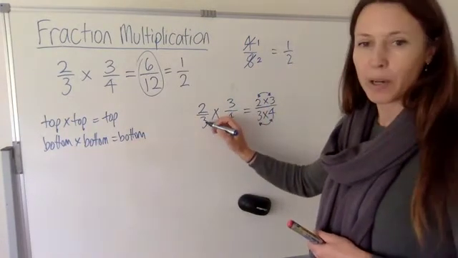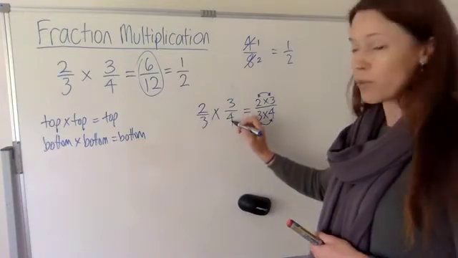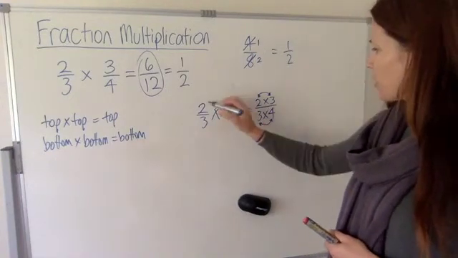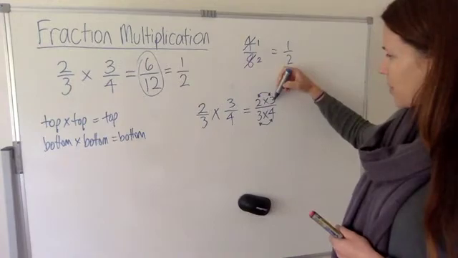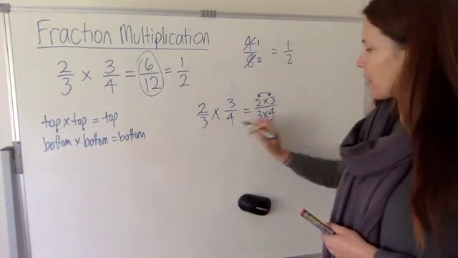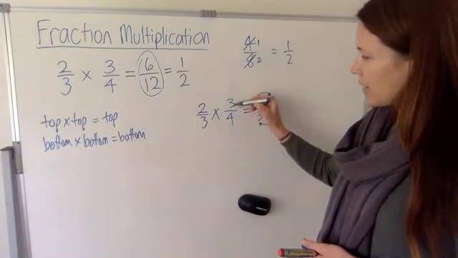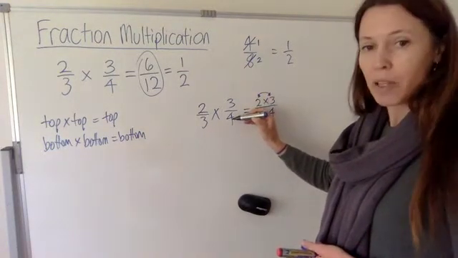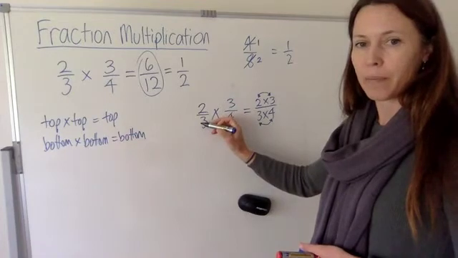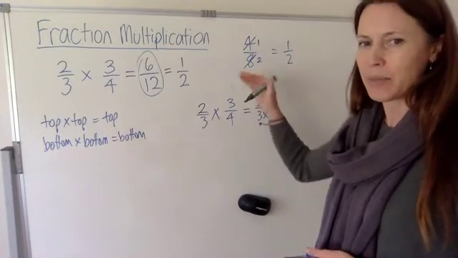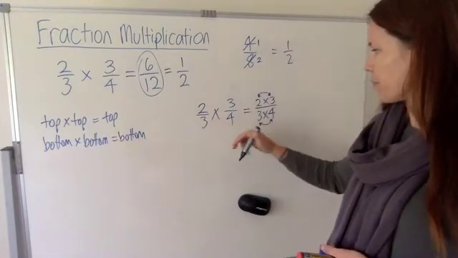So the 3's are both in the 3 times tables, and the 2 and the 4 are both in the 2 times tables. And because they're both going to end up on the top anyway, whether they're here or here, and they're both going to end up on the bottom anyway, whether they're here or here, it explains why we can cancel a number with the number directly below it or the one that's diagonally opposite. Never the tops and the bottoms, though. It has to be something on the top with something on the bottom.